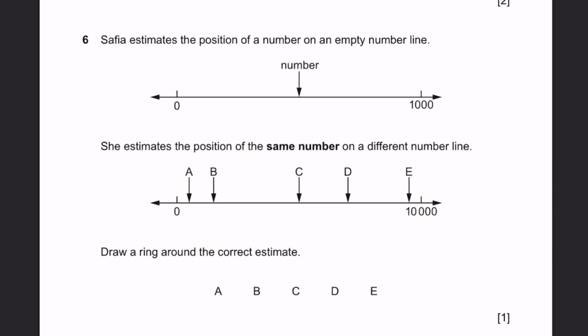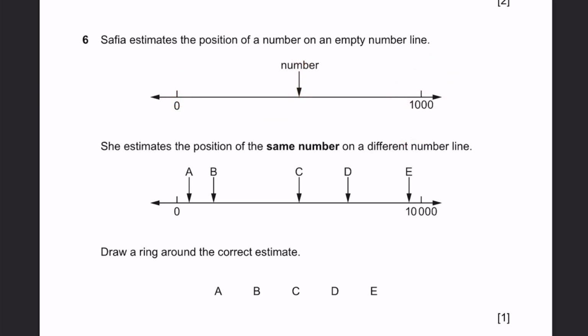Question 6. Safia estimates the position of a number on an empty number line. She estimates the position of the same number on a different number line, drawing around the correct estimate. So the number on this number line can be estimated to 500 because it's in the middle of the line and it's in the middle of 0 and 1000.